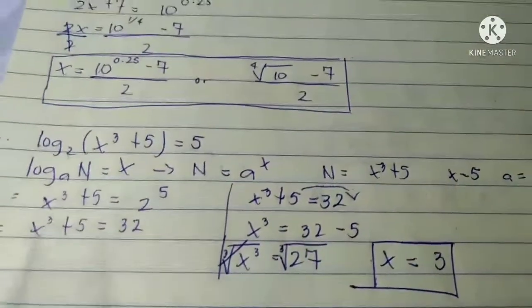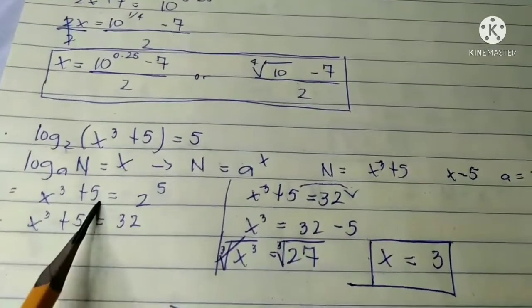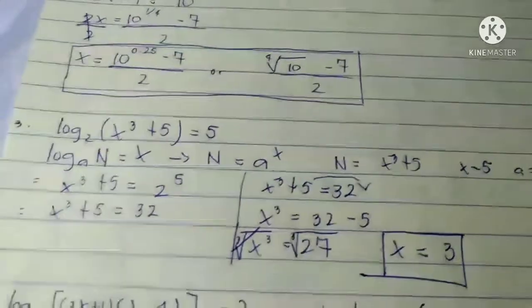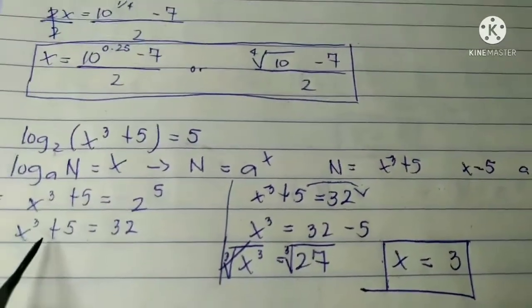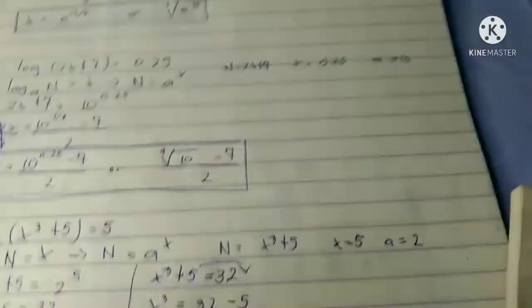Then we can write it like this: x cubed plus 5 is equal to 2 raised to 5. And now we can simplify. So x cubed plus 5 is equal to 32.